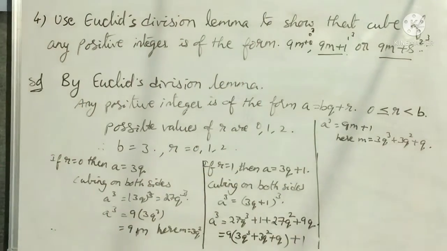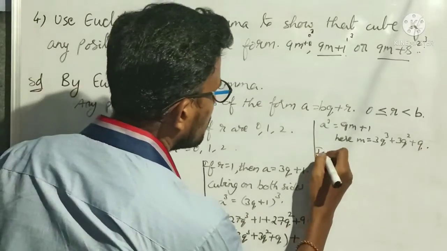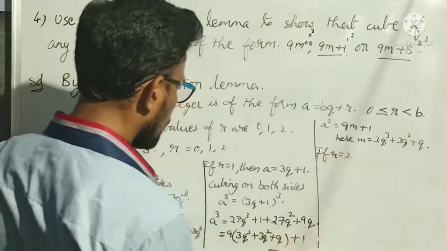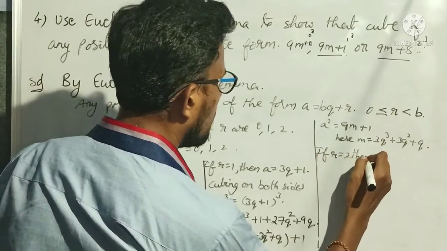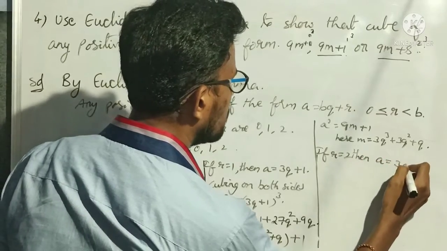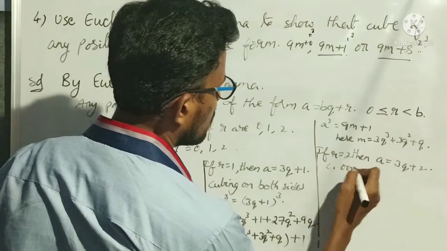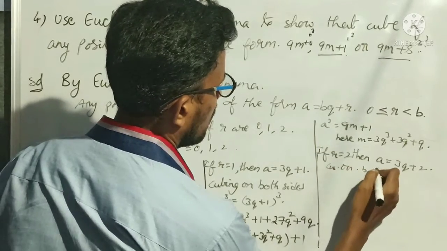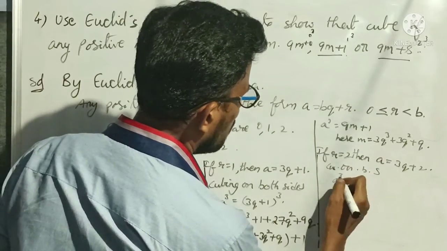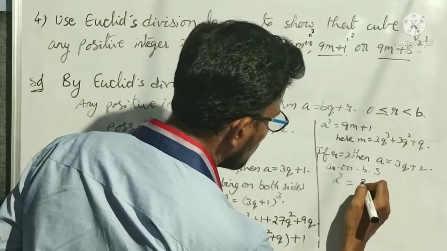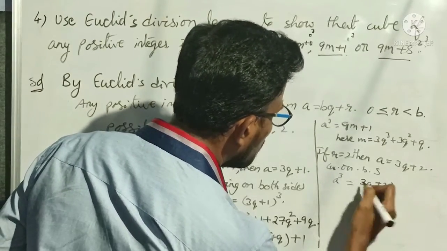In the same way, now if r is equal to 2, then a is equal to 3q plus 2, cubing on both sides. Then a cube is equal to 3q plus 2 whole cube.